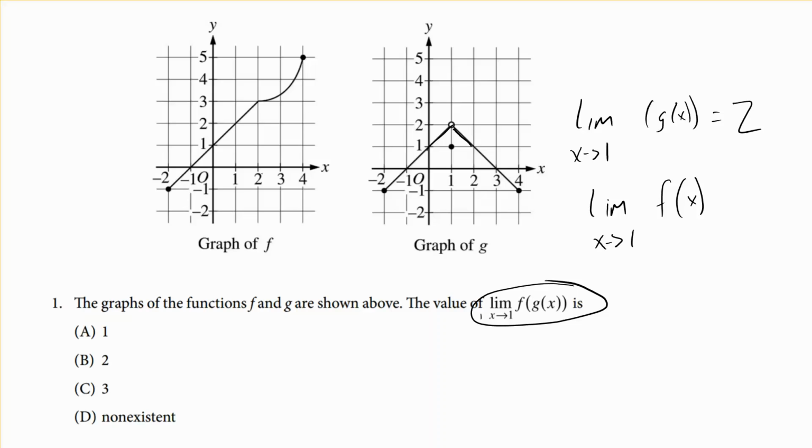So now we go here. So now I'm putting a 2 in here, and that value is 3. In my mind, that's how you got to think about it. Any questions?